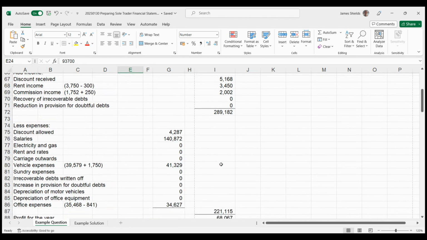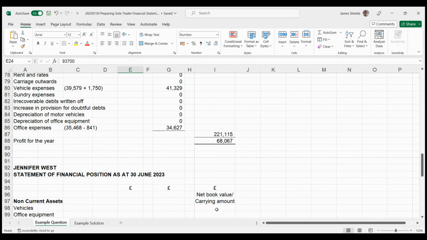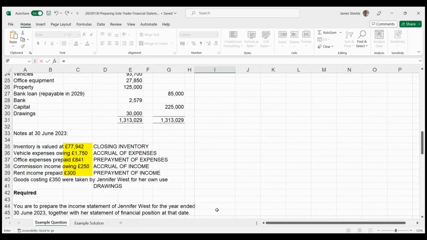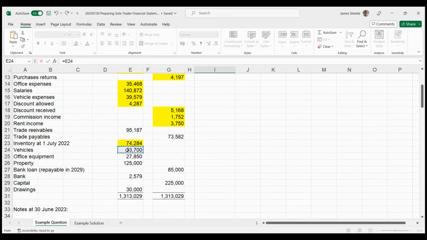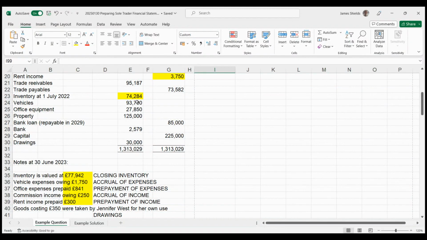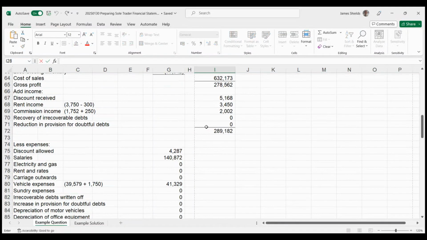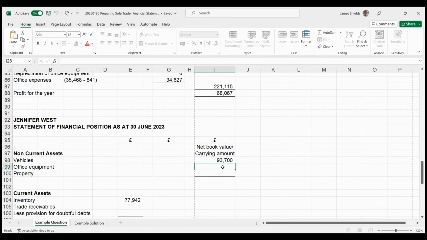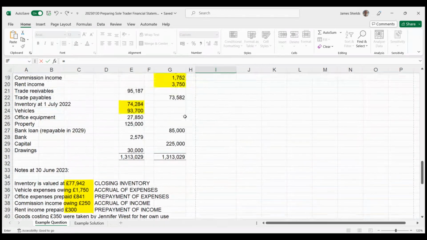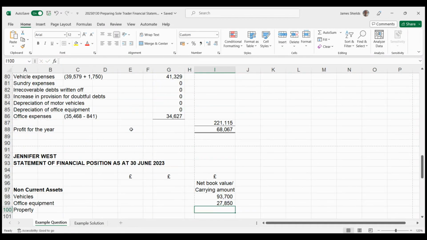So for our vehicles, we're going to have the carrying amount and net book value 93,700. So I can highlight that figure that's now been used. For office equipment, again, there's no cost or depreciation. It just gives us one figure, so that's the carrying amount and net book value. So office equipment is going to be 27,850.